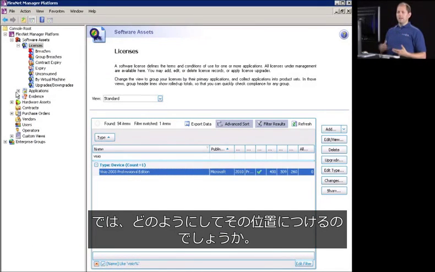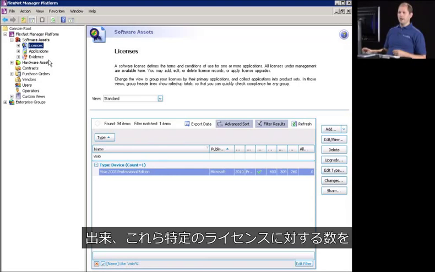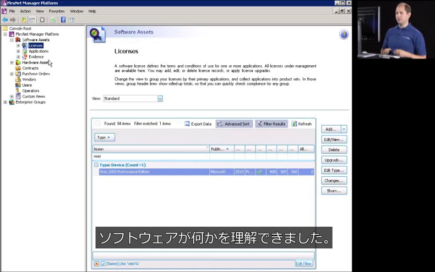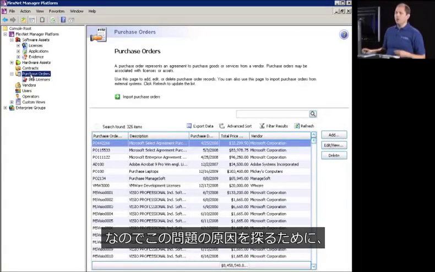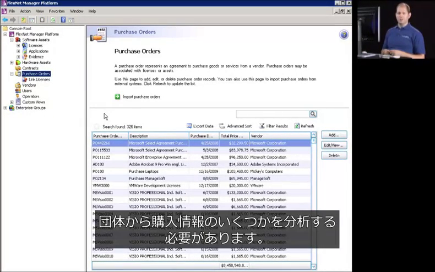So how do we get to that position where we're able to recognize a particular license as Visio with those purchase usage rights and automatically understand what software we're allowed to install on our machines and count against those particular licenses? To get to the root of that problem, we first need to analyze some of the purchasing information from the organization when it's brought those licenses in.